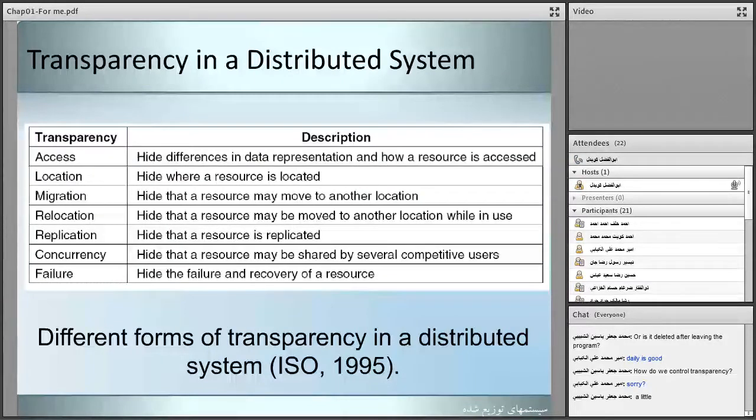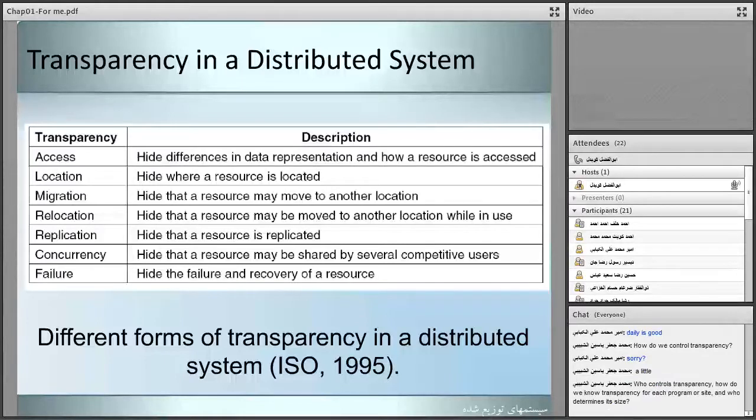We are talking about failure transparency in this example. Failure transparency is when we try to hide the failure and recovery of a resource. So, if a resource fails and it recovers, you are not aware of it. In this case, we have failure transparency.